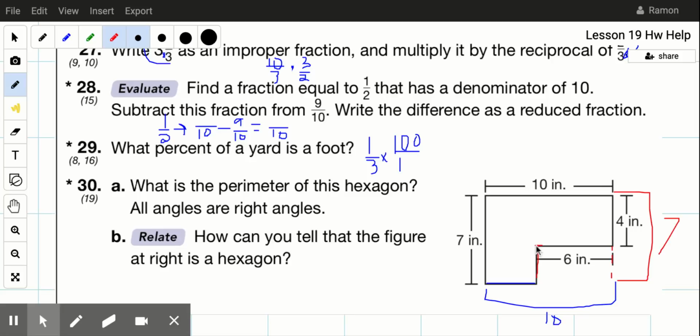So then it's just a matter of figuring out how much this is, and you already have 7, 6, 4, 10. You just need to find this side and then the blue side and add them all up to find the perimeter. Don't forget your units. How can you tell it's a hexagon? Well, how many sides does it have? How many sides does a hexagon have? That's how you can tell it's a hexagon.